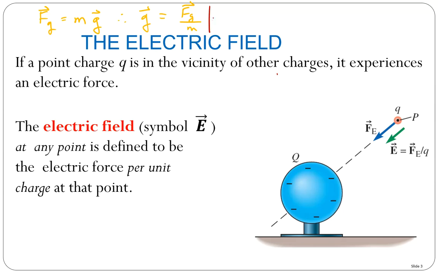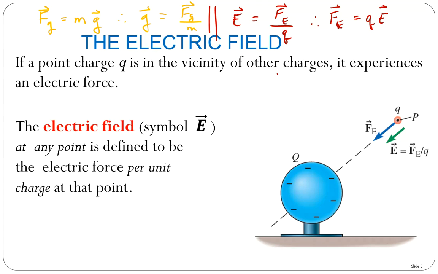So we're going to do the same thing now and define the electric field as the electric force vector divided by q, and the electric force is equal to q times the electric field.